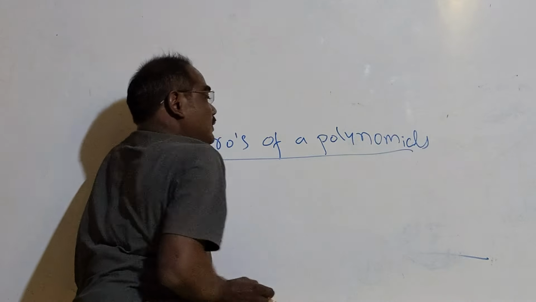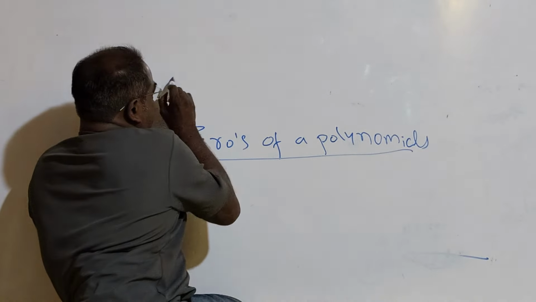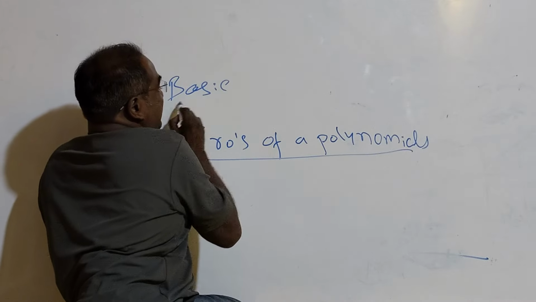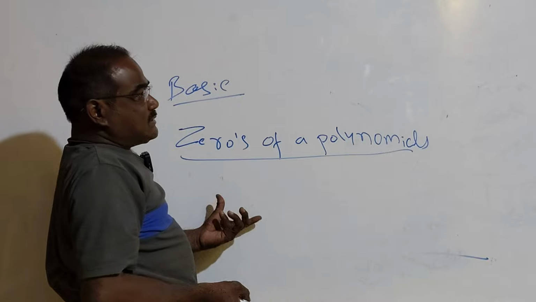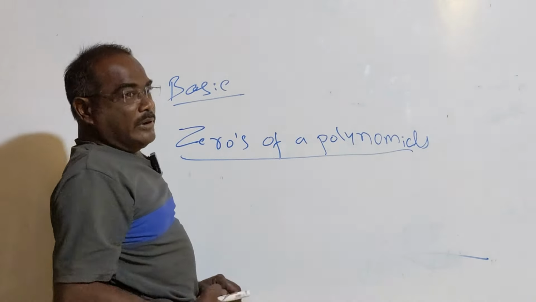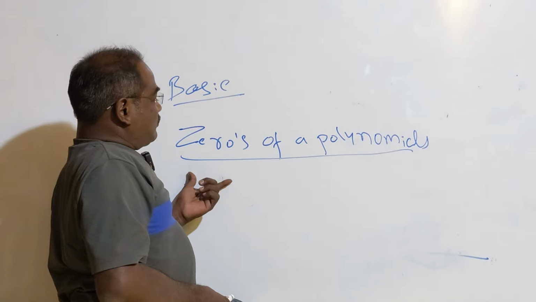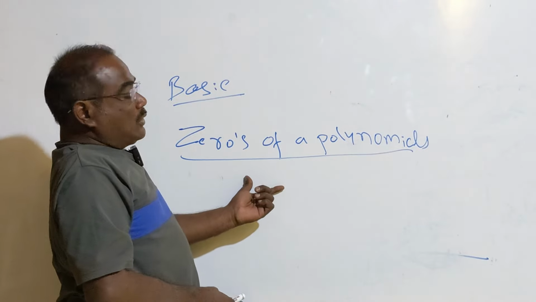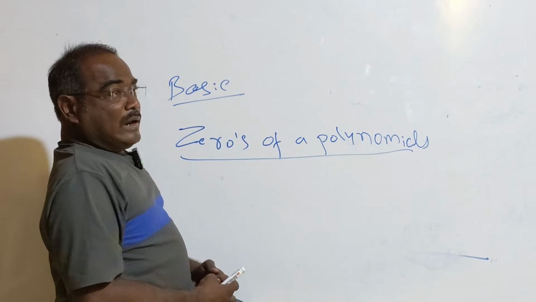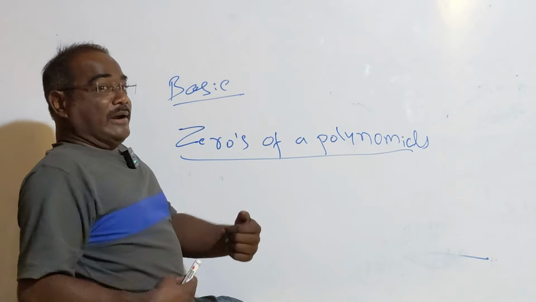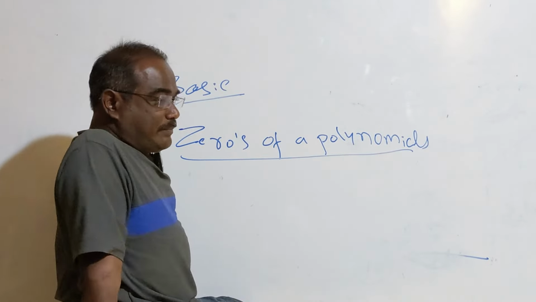Today we studied the basics, what is a polynomial. Tomorrow we are going to discuss the zeros of a polynomial, how we can express a quadratic polynomial with the help of zeros, and if a quadratic polynomial is given, how to find the zeros. These are all the things we are going to study in the next class.